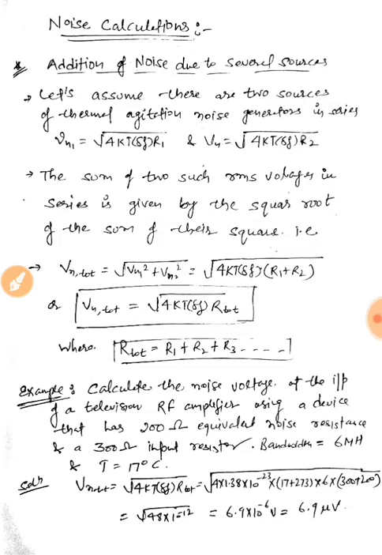So the noise voltage would become under root 4kT delta f into R total. That comes out to be 6.9 microvolt. This is the noise voltage generated by the resistance of the RF amplifier. So this is how we can calculate.